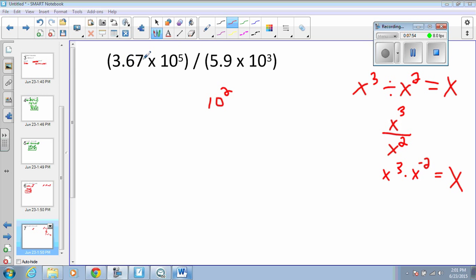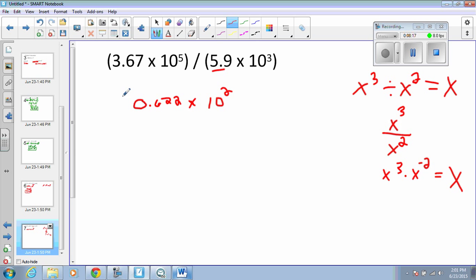And then we take our front numbers and divide them. 3.67 divided by 5.9 is 0.622 times 10 to the 2nd.